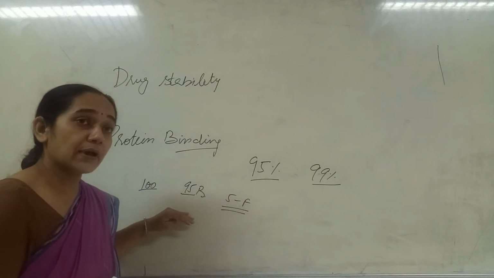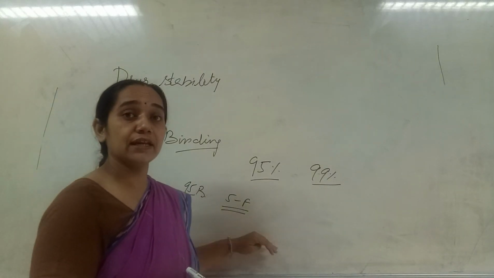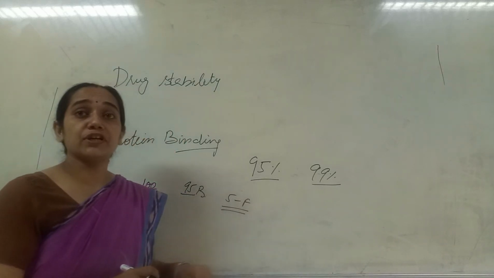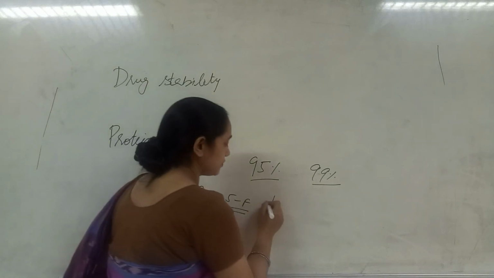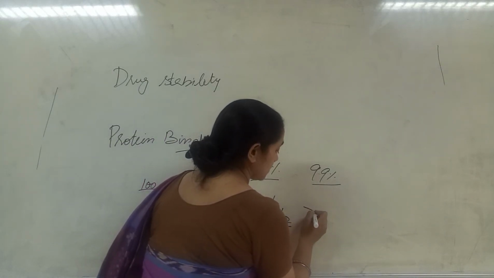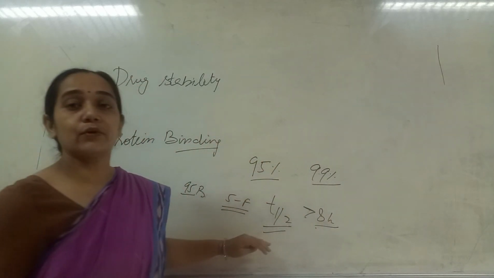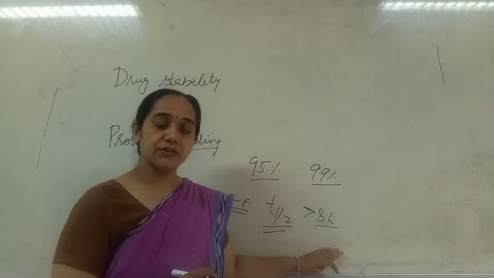So protein binding is already prolonging the release of the drug, because of which it will have a higher T half, and if it has a T half greater than 8 hours, then it will not be a suitable candidate for the controlled drug delivery system.